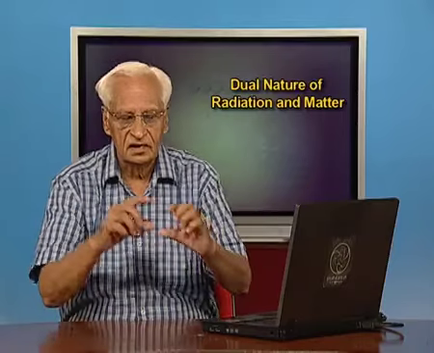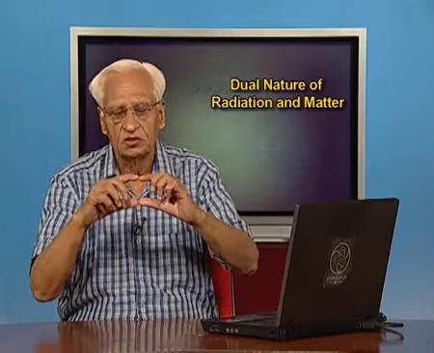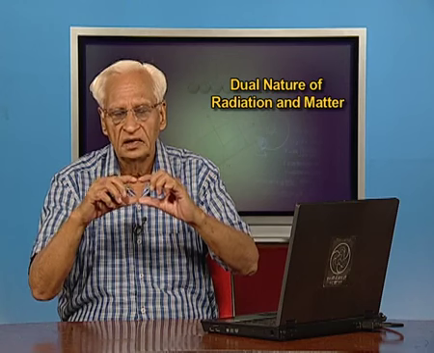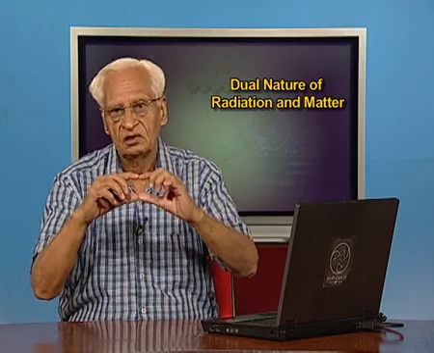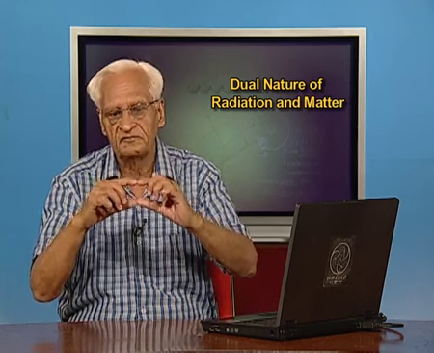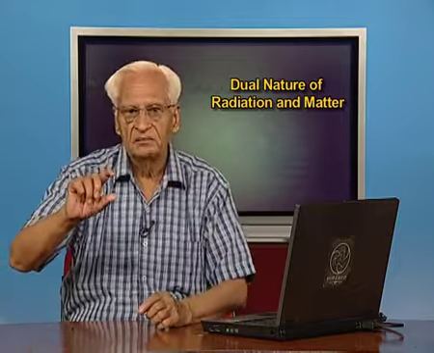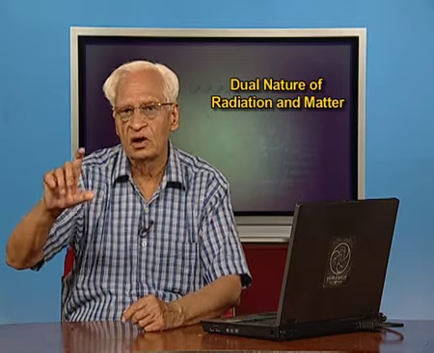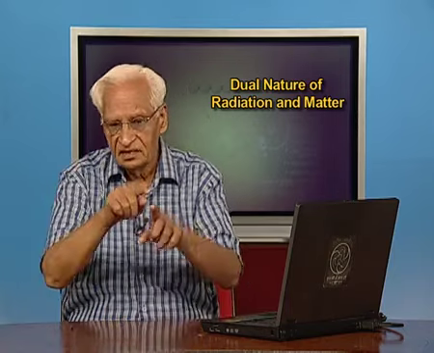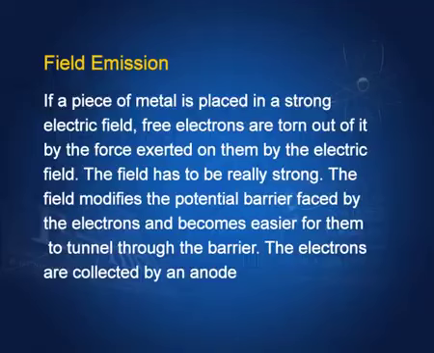We also said that energy can be given to free electrons in the form of force exerted by an electrostatic field. If this is a piece of metal and we place it in a very strong electrostatic field, then the free electrons in this piece experience the force of this field, gain energy and can come out.